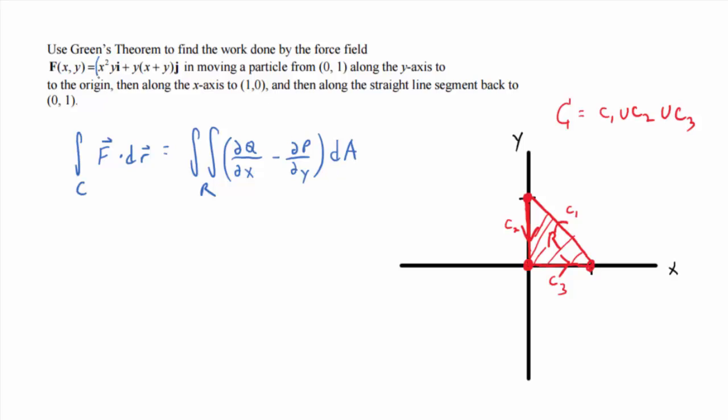So this guy, x squared y, would be P, and y times the quantity x plus y would be Q, right? We don't know if the vector field's conservative, so we can't call P f sub x. We can't call Q f sub y. Green's theorem works even if the vector field is not conservative.